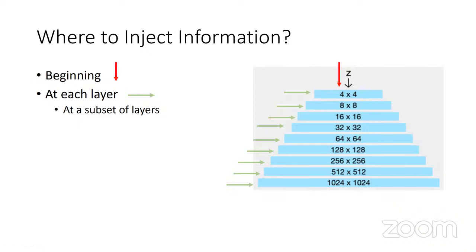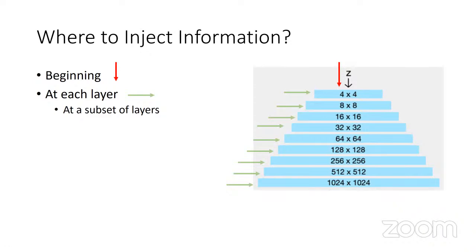This is this green information here. So the choice that StyleGAN made was to have basically nothing input in the beginning, just a constant, and mainly rely on this information injected from the side that is based on the W code.